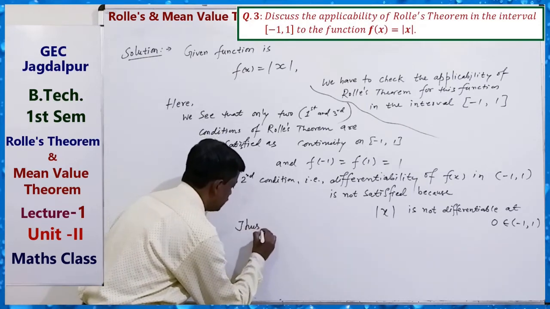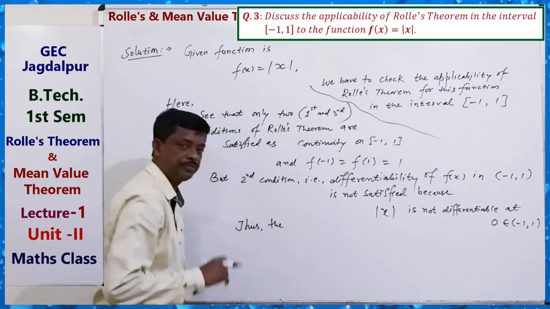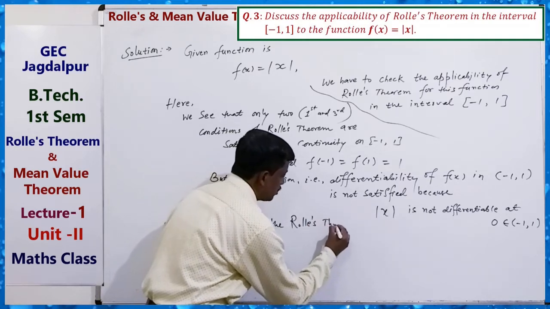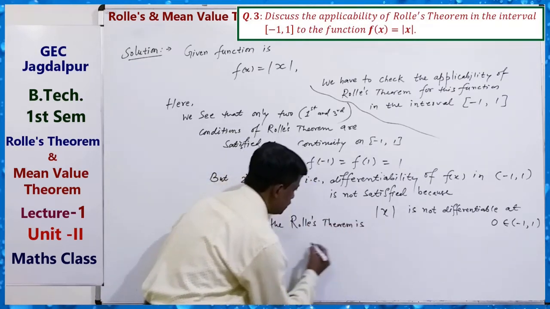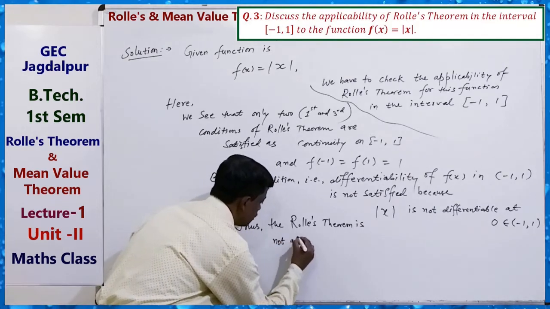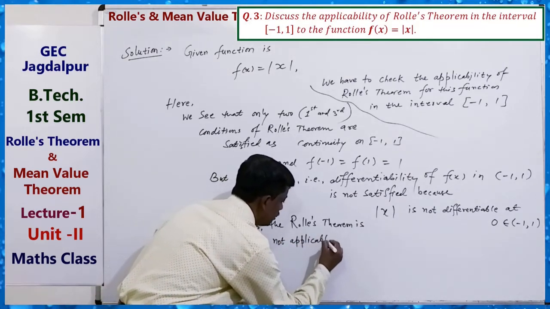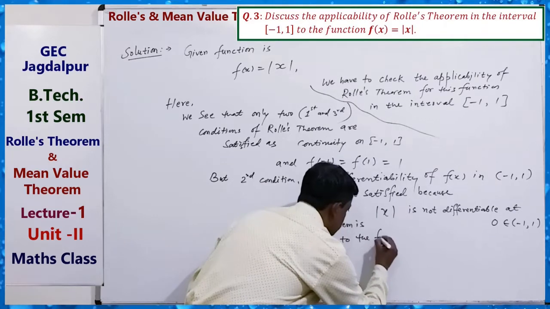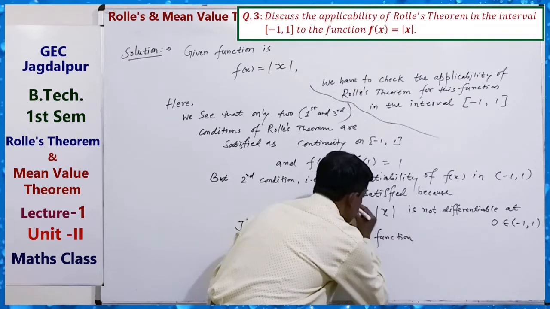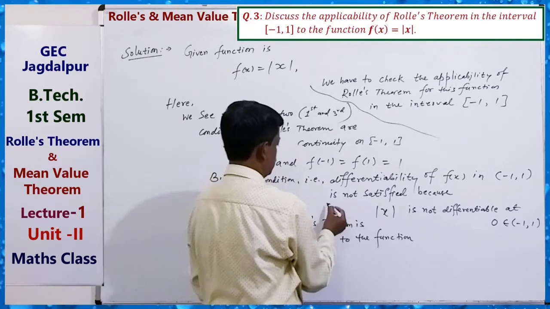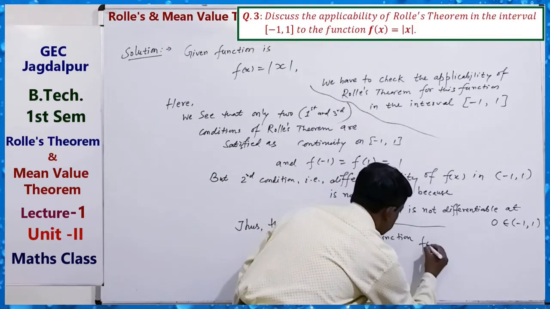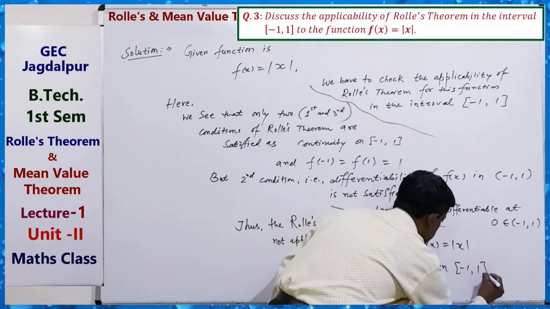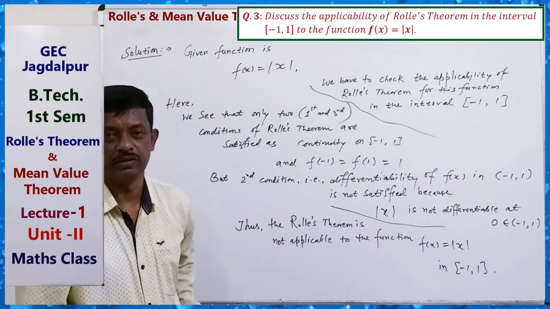Thus, Rolle's theorem is not applicable to the function f(x) equals mod x in [-1, 1]. So this is the solution of this question.